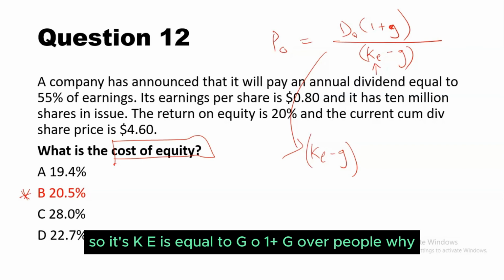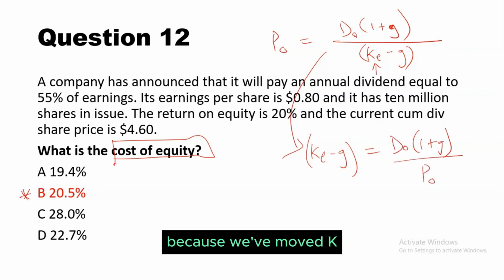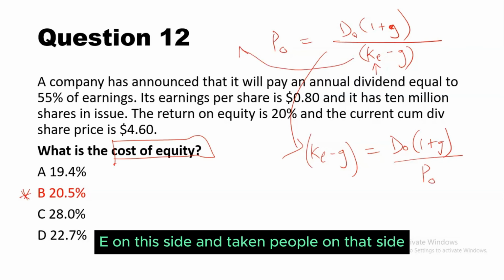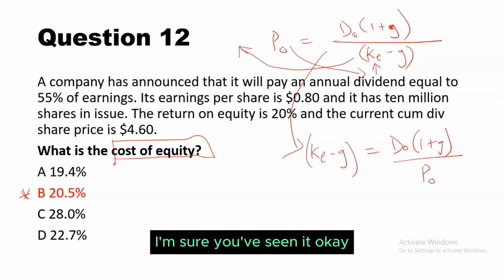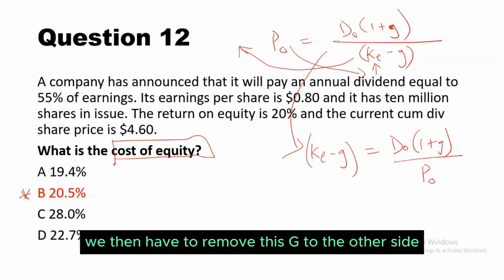So Ke is equal to D0 (1 plus g) over P0, because we've moved Ke to this side and taken P0 to that side. I'm sure you've seen it. Then we have to move this g to the other side.